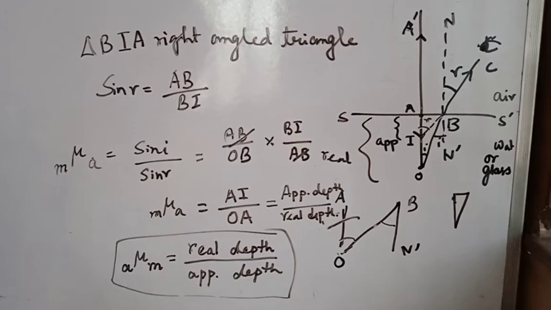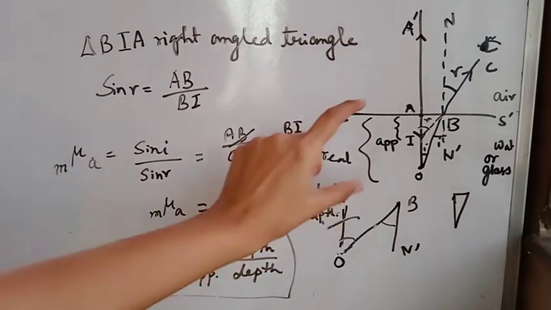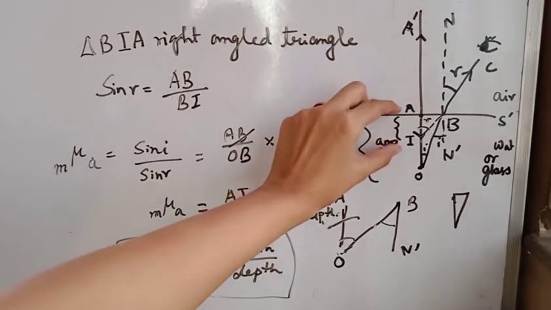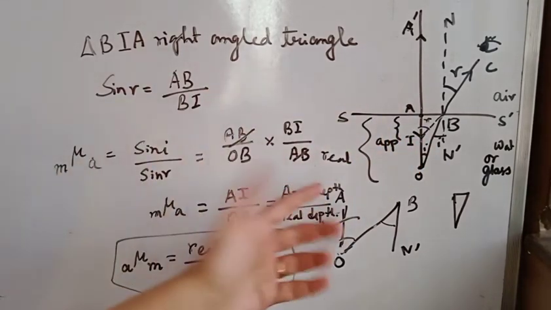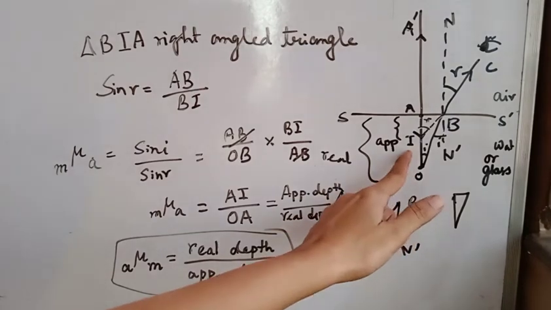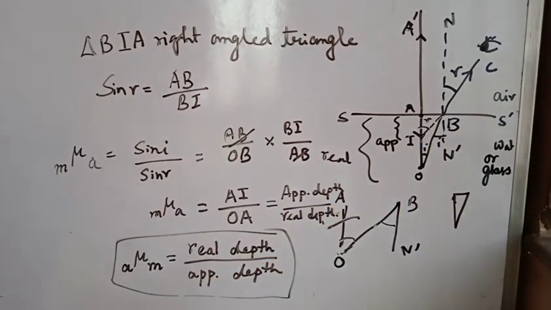So here we want to take out the shift. We know this is the real depth and this is the apparent depth. Now there is a shift of depth, right? So this shift is OI. What will be the formula of this? We will now calculate that.